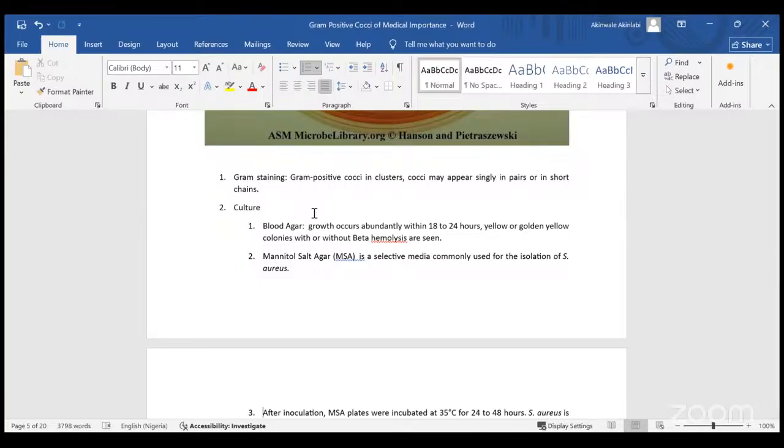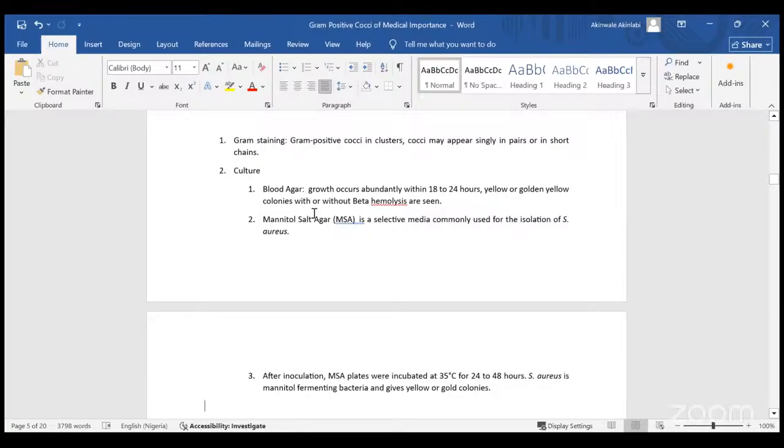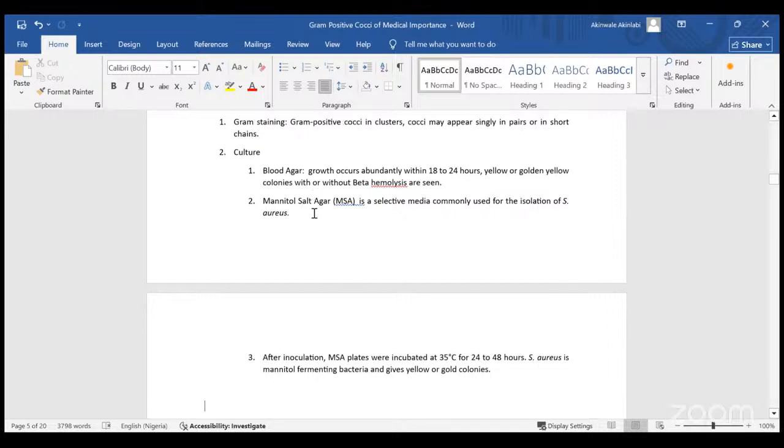So they can easily grow on our culture medium, looking yellowish or golden yellow colony with or without beta hemolysis. So you can see them with beta hemolysis. Sometimes they do not show beta hemolysis. The mannitol salt agar is the selective medium commonly used for isolation of Staph aureus.